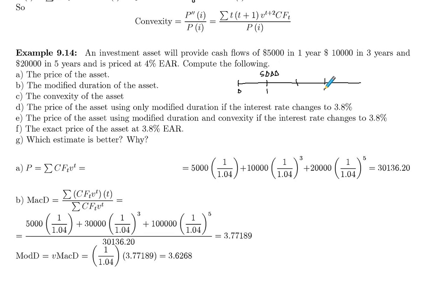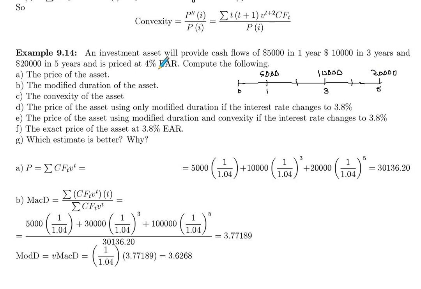And then at time 3, we're getting a cash flow of $10,000. And then $20,000 in 5 years. Okay, 4, extend this out a little bit farther, 5, $20,000. So those are the cash flows generated by this investment asset.